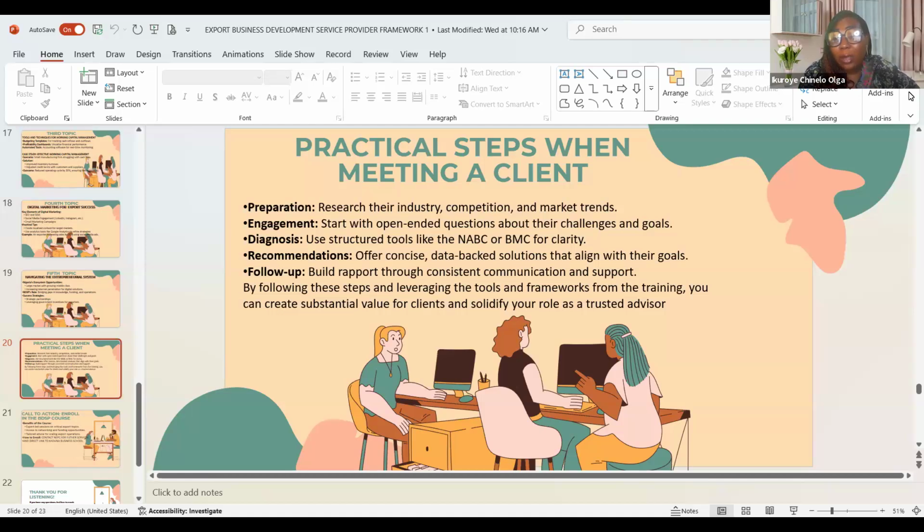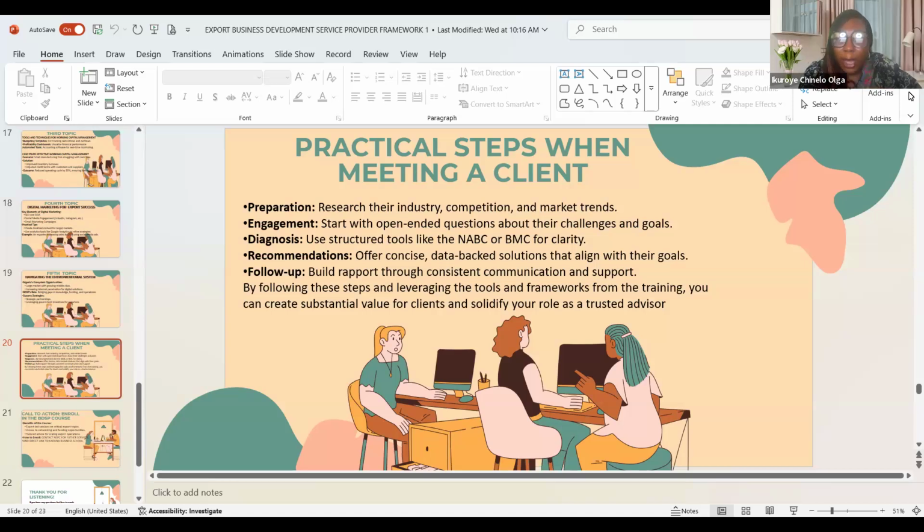I want you to bear in mind that meeting a BDSP is confidential. What you have told Madam Patricia is not what you're going to tell Aremu, because they don't even deal in the same product. It's supposed to be confidential to make the client really relaxed with you.